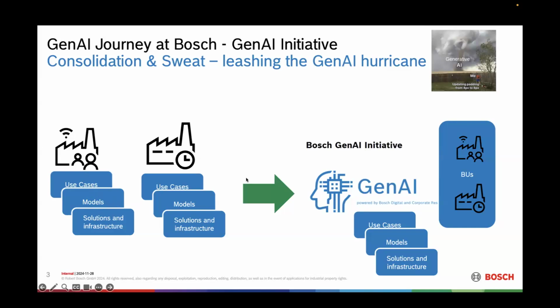That went on for a while until there was an attempt to consolidate various GenAI initiatives across the company, to consolidate use cases, models, solutions and infrastructure, and to see how they could be applied across various business units inside the company.